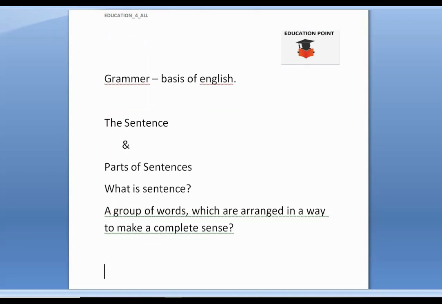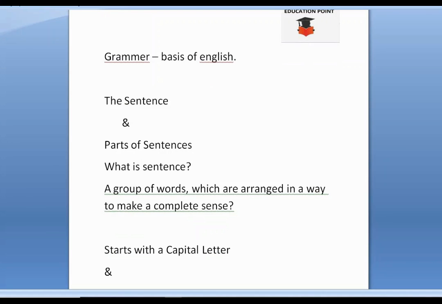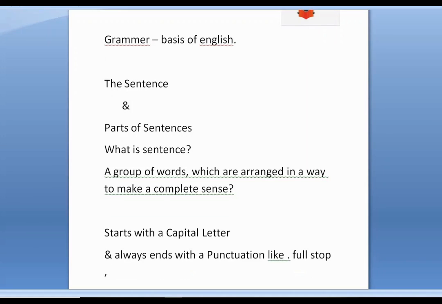A sentence always starts with a capital letter and always ends with a punctuation mark, like a full stop, question mark, or exclamation mark.